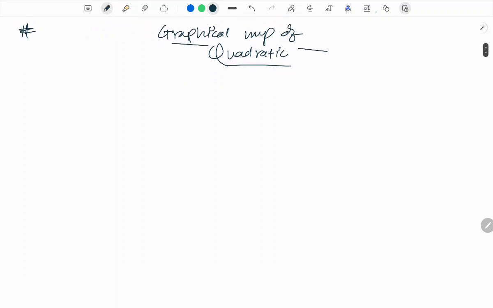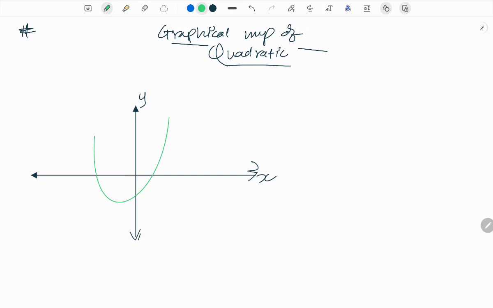So let me first draw a graph, a simple general equation again. This is our x-axis and this is our y-axis, and let this be a quadratic equation, a simple quadratic graph.